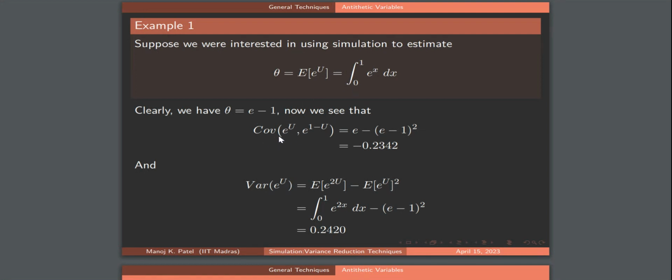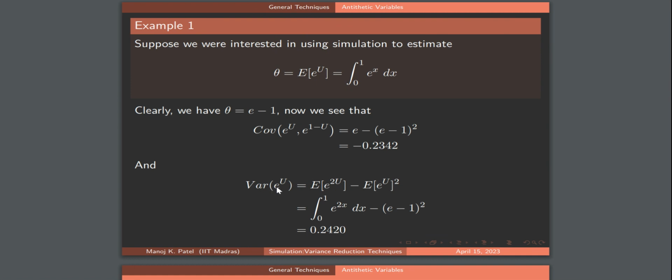Now we'll look at the covariance of e^U and e^(1 minus U). So this is negative, so e^U and e^(1 minus U) are negatively correlated, and that means e^U and e^(1 minus U) are antithetic variables.